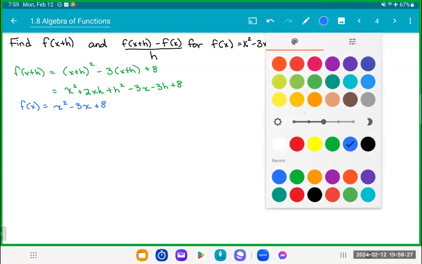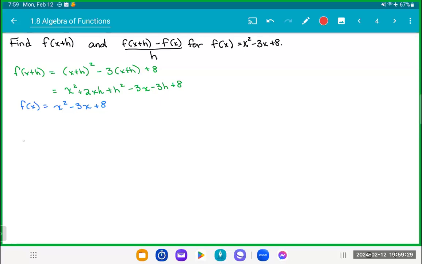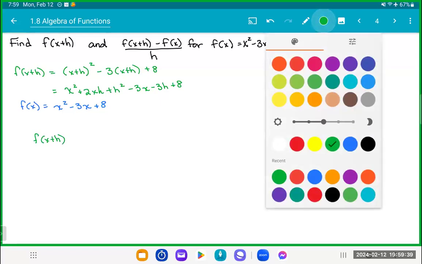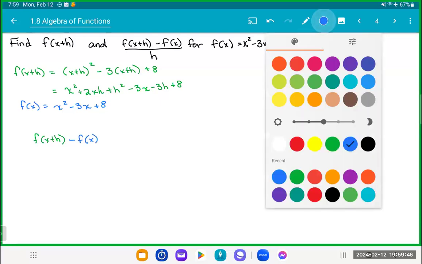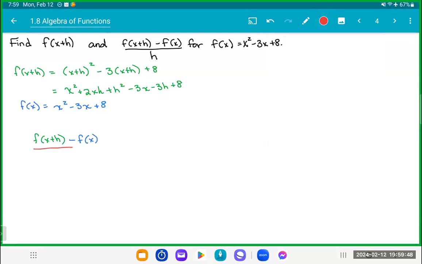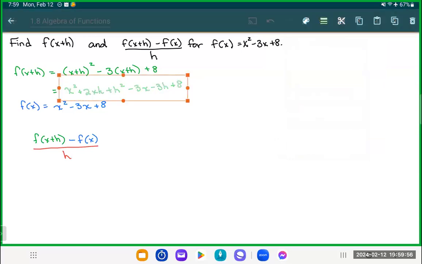So when we put it all together with our f of x plus h minus f of x, divided by h, we get this piece here.